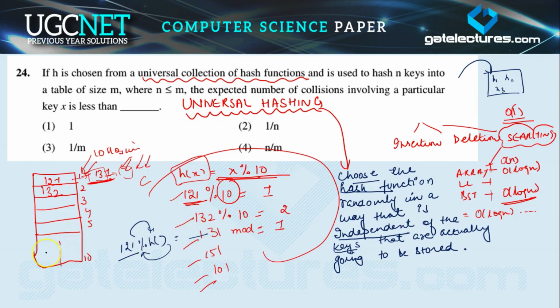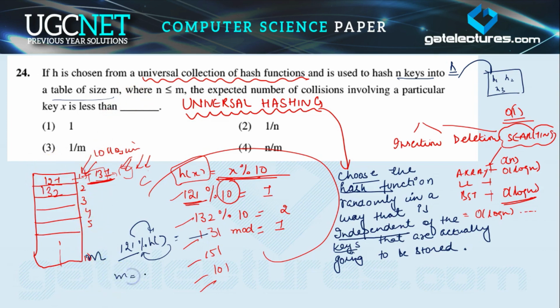In that case, the number of expected collisions is going to be very, very small. So this is a theorem, not an algorithm. It states that if h is chosen from a universal collection of hash functions, and it is used to hash n keys into a table of size m, where the number of keys is less than m.